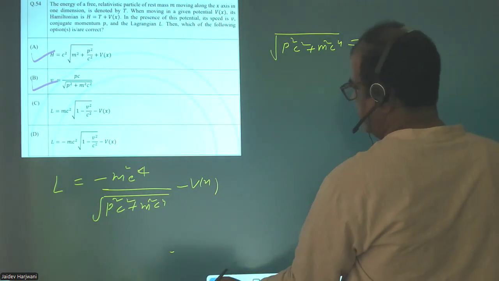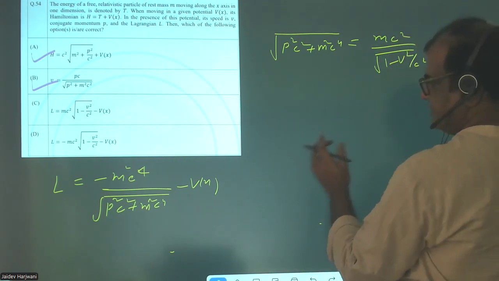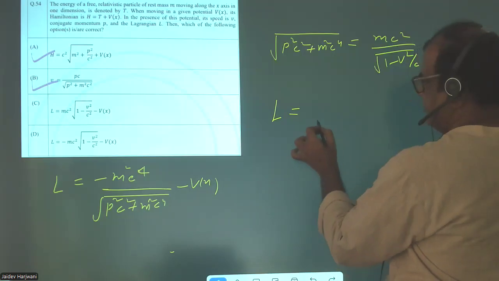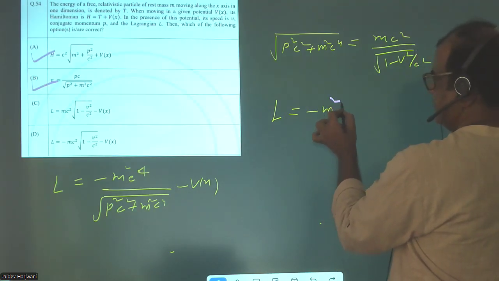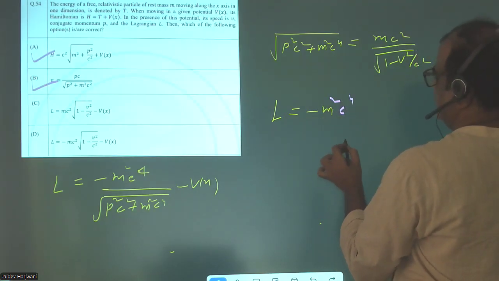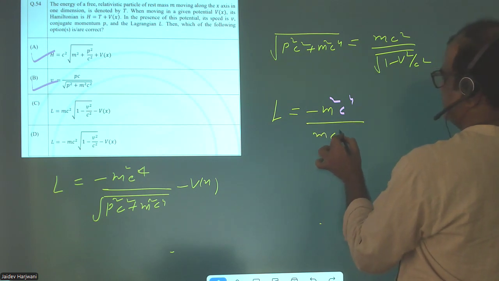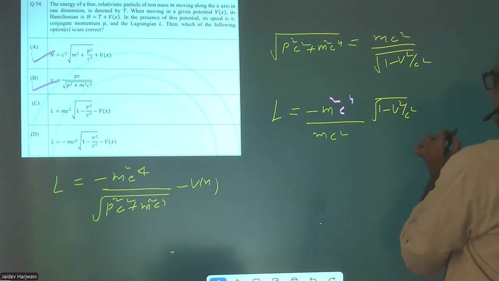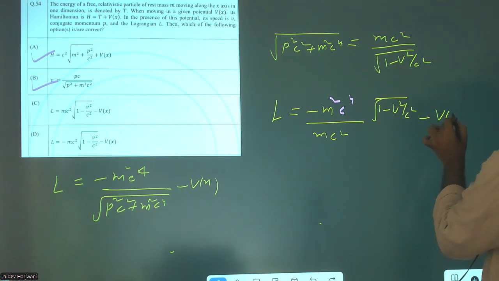And now once I have this one, I can write the Lagrangian L minus M square C4 divided by MC square multiplied by 1 minus B square by C square, minus Vx.